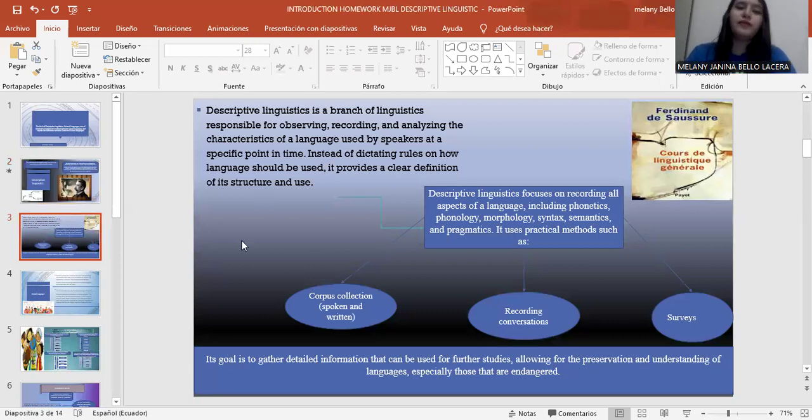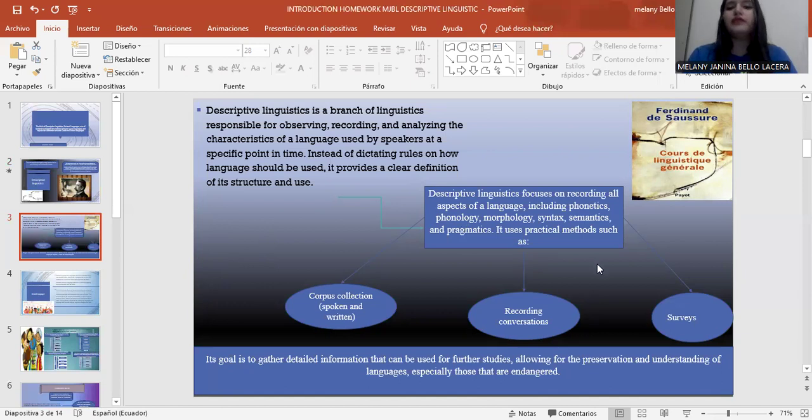Now, descriptive linguistics is a branch of linguistics that is responsible for observing, recording, and analyzing the characteristics of a language used by a speaker at a specific point in time. Instead of presenting rules on how the language should be used, it provides a clear definition of its structure and use.